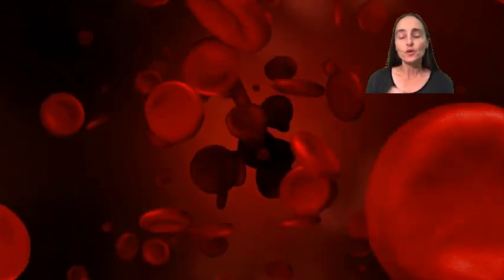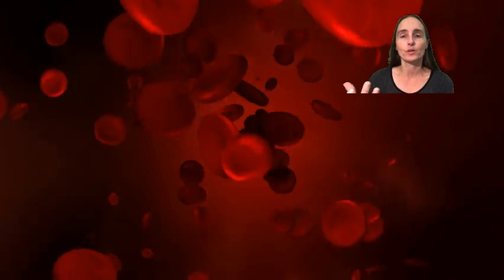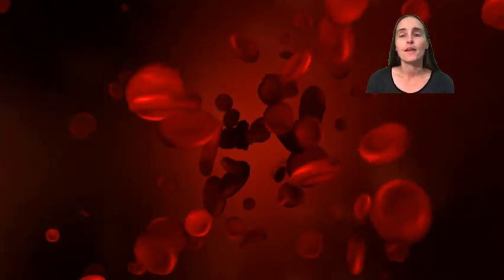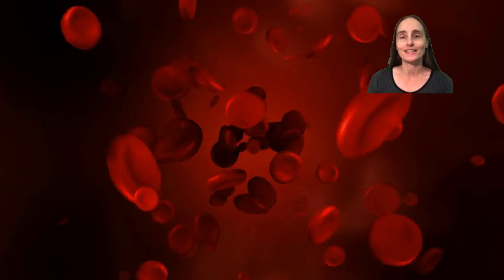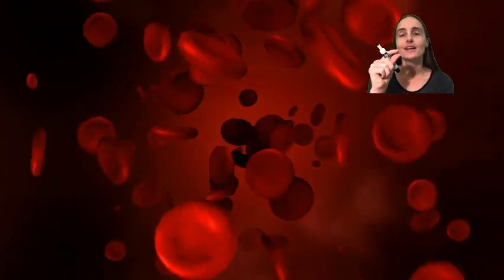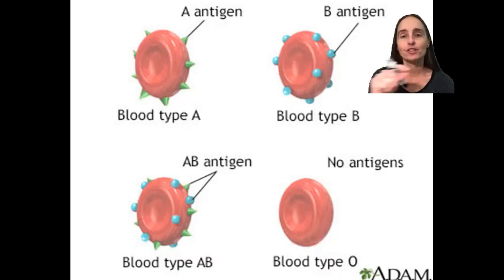Well, you can have different types of blood, and I know you know that there are blood types out there. What that is, is a little antigen, a little protein that your cells create. So you have a gene for that. You have DNA for your protein. It's for your blood cells, and it creates a little antigen that sticks off the outside of the blood cell. Now, this isn't good or bad.